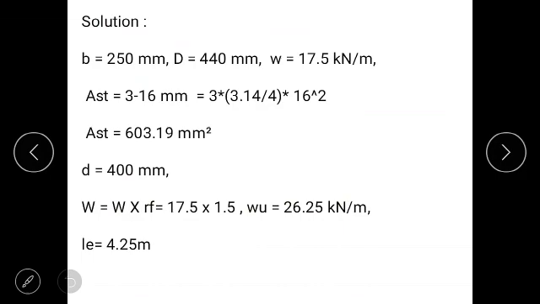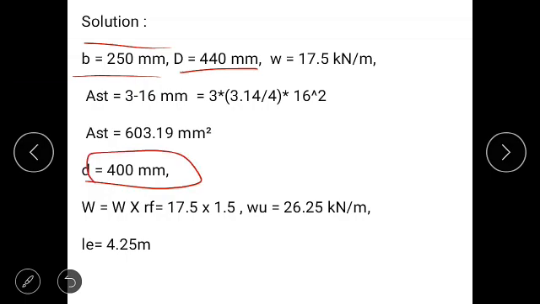So the given data is here. Width is 250 mm. Capital D is 440. So 440 minus 40, here we get effective depth. What is 40? 40 is the cover. W is given here, 17.5 kilonewton per meter.